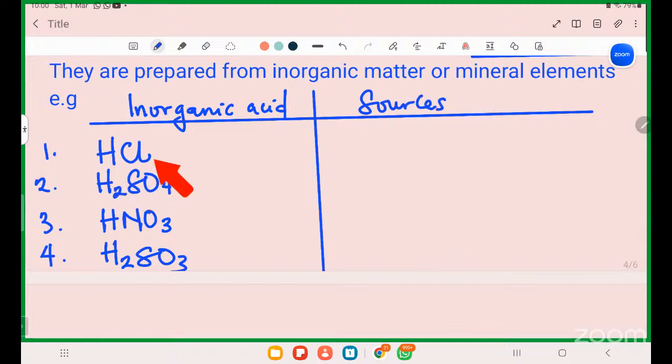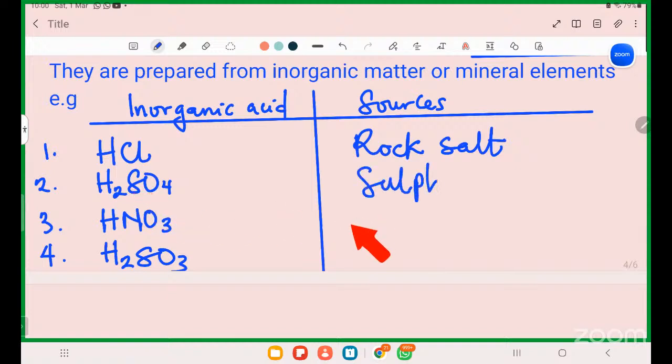what is the source of hydrochloric acid? You can get that from rock salt. So hydrochloric acid can be obtained from rock salt. Then sulfuric acid can be obtained from sulfur by the contact process.